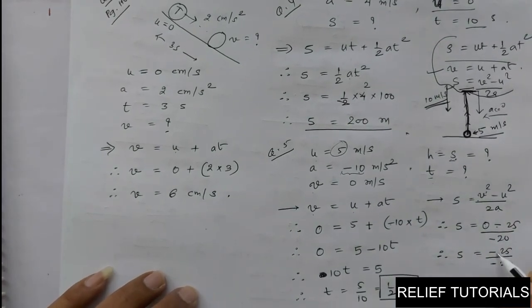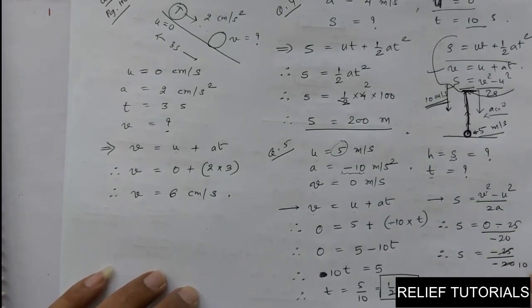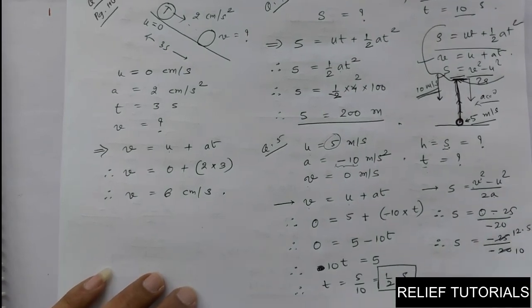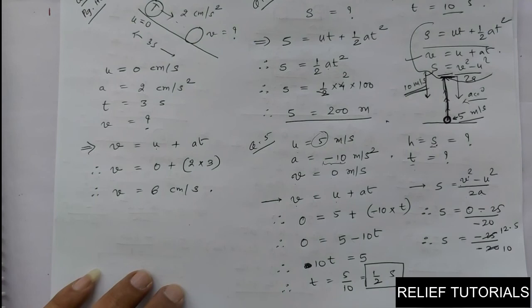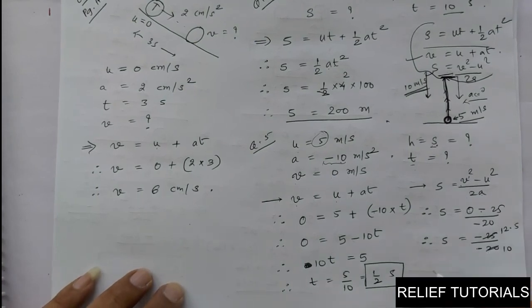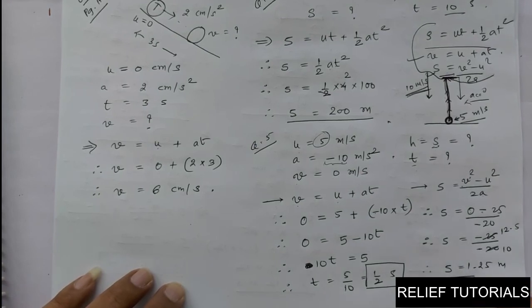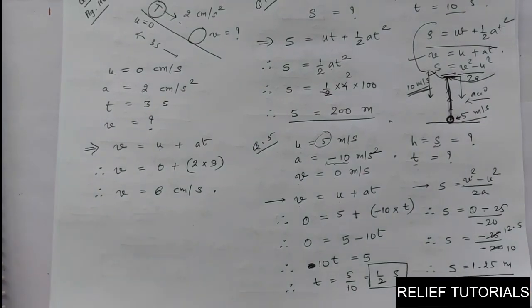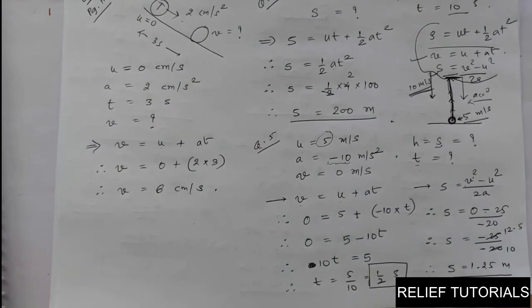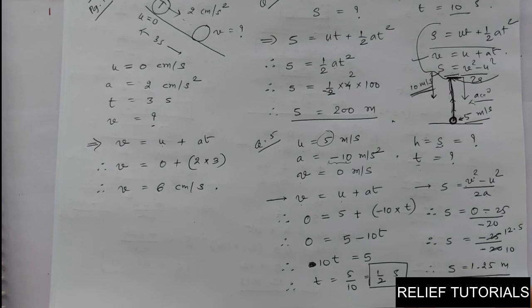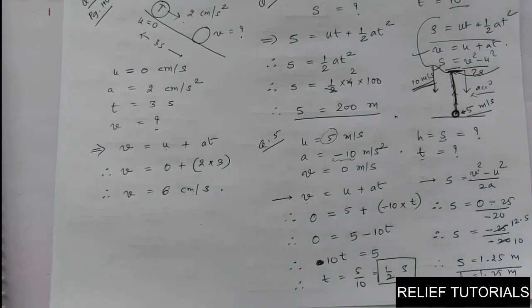So 2 tens are 20 and 2 12.5s are 25, so 12.5 upon 10, the minus signs already cancelled. Therefore, S is equal to 1.25 meters. So the distance traveled, or the height attained by the stone, is equal to 1.25 meters.